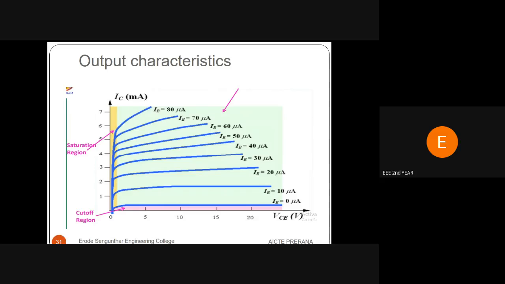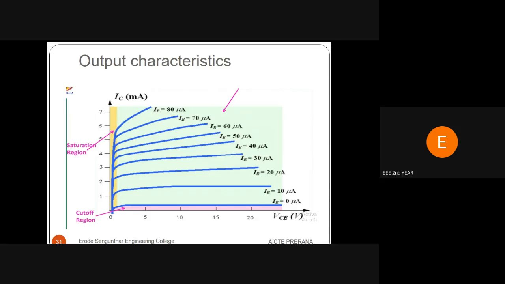In the figure, the middle region is denoted the active region. We are increasing input current, that means IB also increases the collector current. But a small change in alpha gives a greater change in beta.